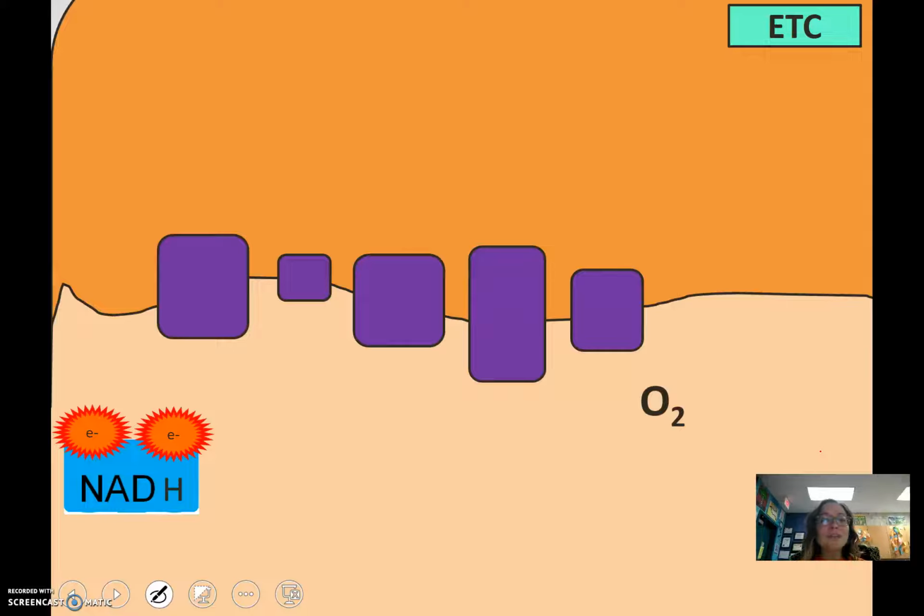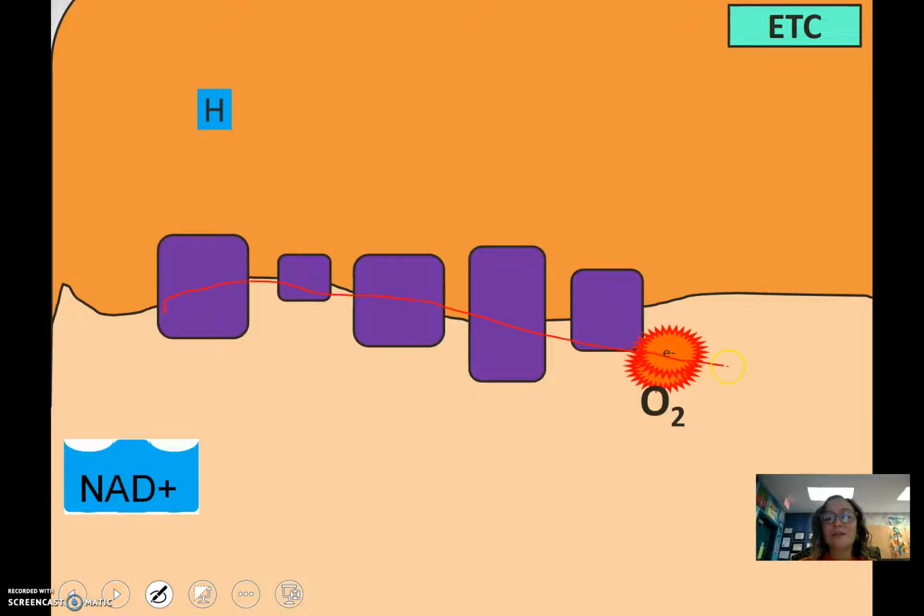It's going to be pulling the electrons down the electron transport chain, attracting those electrons. And then as the electrons are traveling down the electron transport chain, protons are pumped into that intermembrane space. When the electrons go from one protein to the next, they're giving up a little bit of their energy to pump that proton into that intermembrane space.